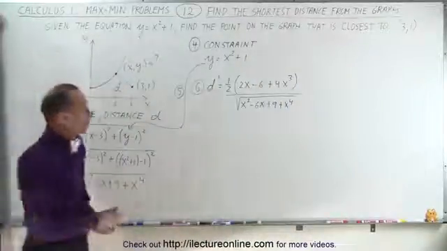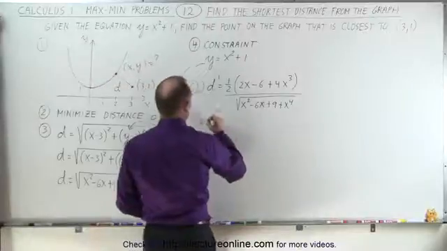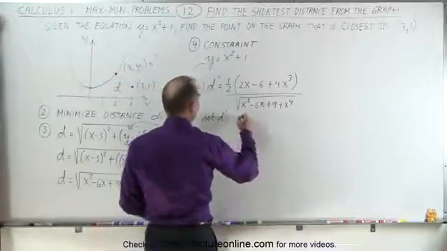And then we're going to set that equal to 0. So we set d prime equal to 0.